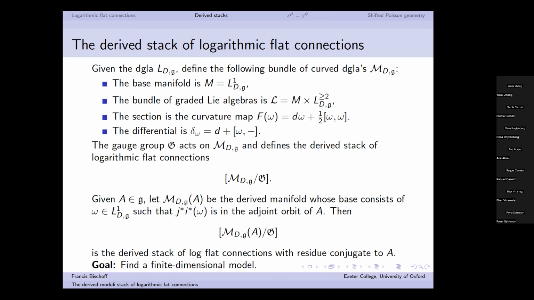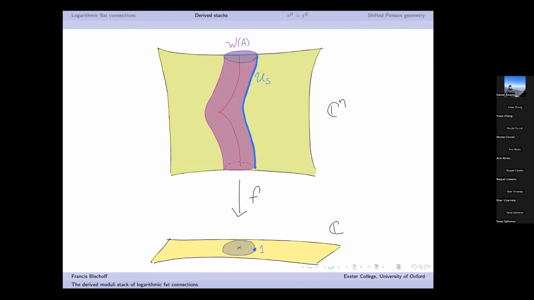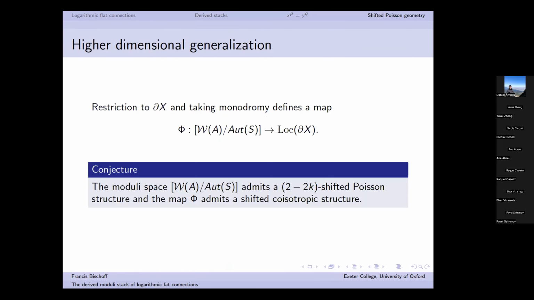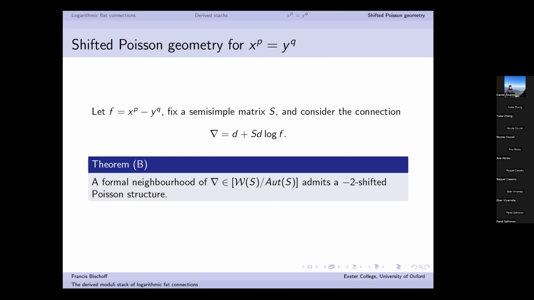Can I ask a question about the last result, the -2 shifted Poisson structure? I'm wondering if that comes from a Courant algebroid. I think a Courant algebroid would be if you had a +2.